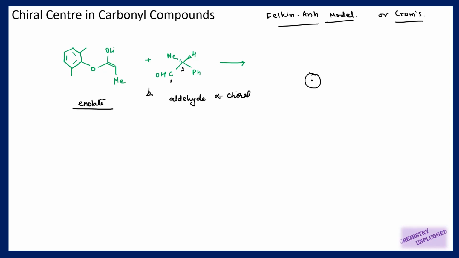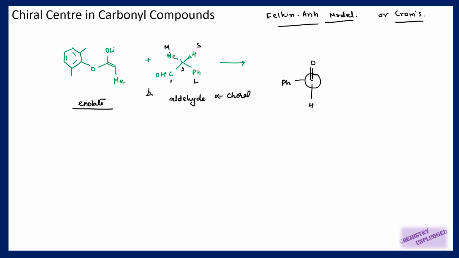So according to this model, first I have to draw this carbonyl group as such, right? Second, the bulkiest group present on the second carbon should be placed perpendicularly like this. This is the largest size group, this is the medium size group, and this is the smaller group.